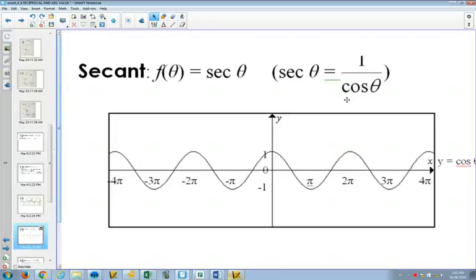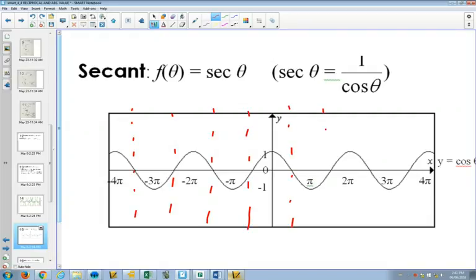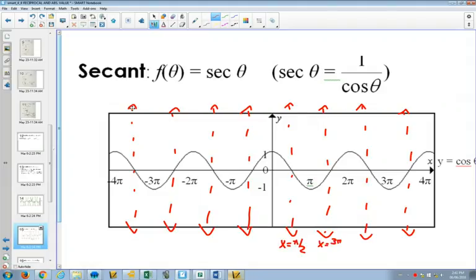How did you do? Did you get your asymptotes? Did you label them? First one is at pi over 2, then 3 pi over 2, then 5 pi over 2, then 7 pi over 2, and same thing in this direction, just with a negative.